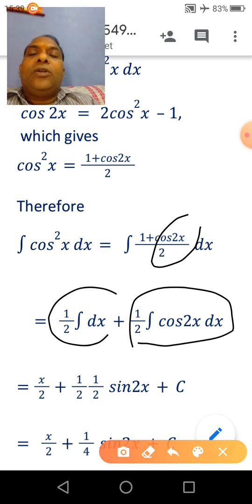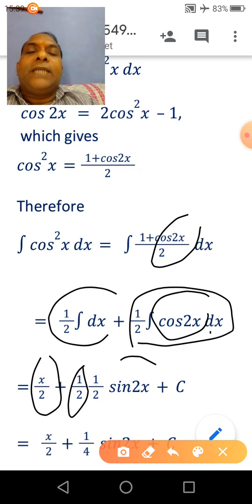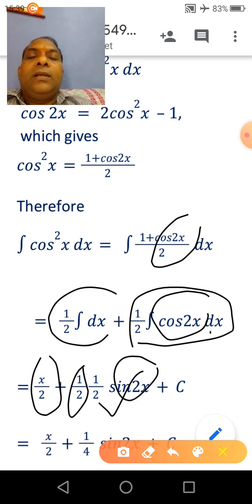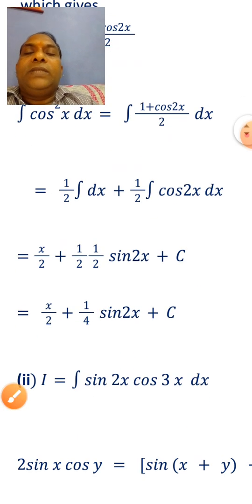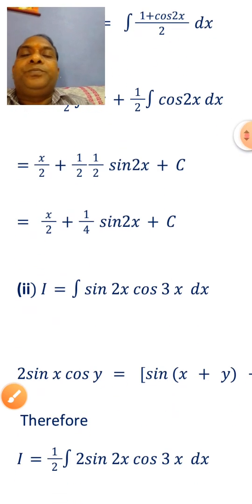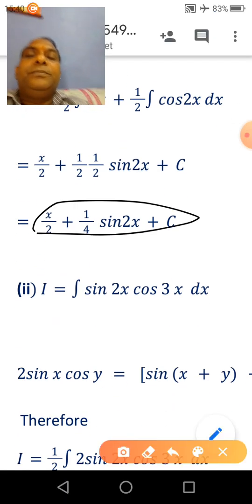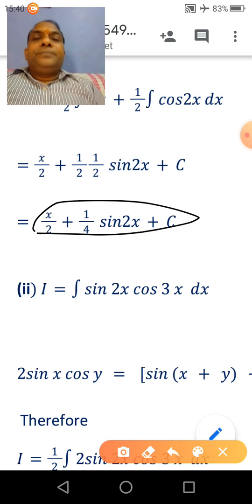So integration of dx will be x, so 1 by 2 into x will be x by 2, and 1 by 2 here, and integration of cos 2x will be sin 2x by 2. Clear? Plus c, which will be the answer. Clear? Where c is the integration constant.